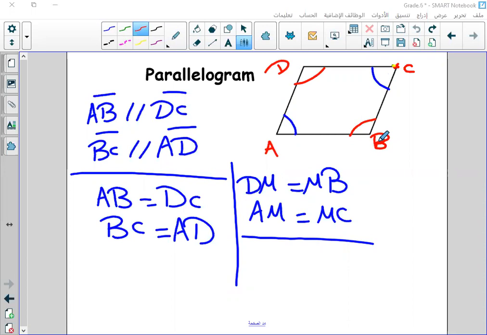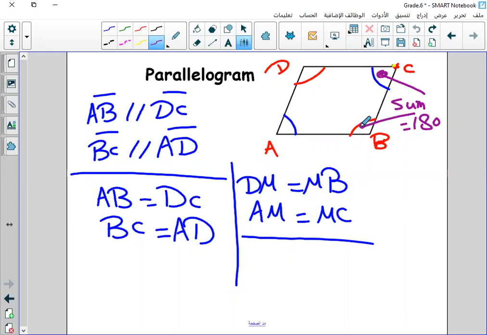Okay, and the two consecutive angles, or the two adjacent angles, their sum equals 180. That means the two consecutive angles like C and B are supplementary. And what is the meaning of supplementary? Supplementary means their sum equals 180 degrees.